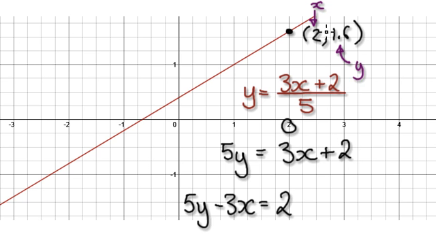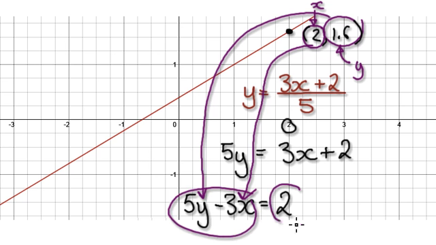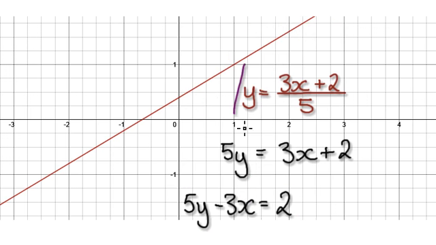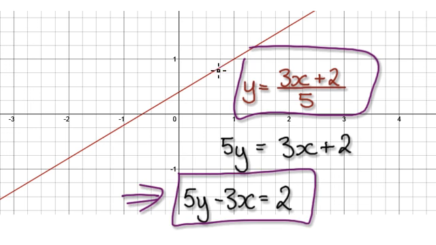If you put 2 into the x here and 1.6 into the y here, this side will equal this side. My point is that this is one way of telling the computer how to plot the graph, and this here is still a legitimate way of telling the computer how to plot this line.